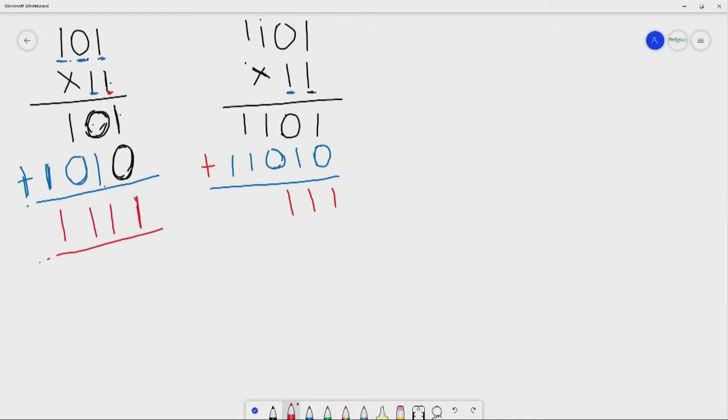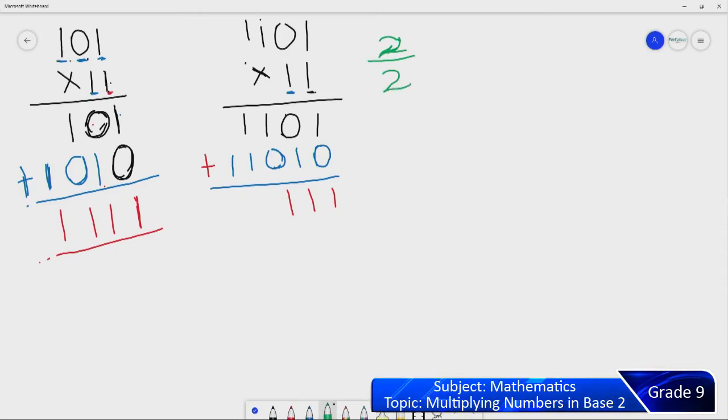What we have to do is put it outside and divide it by 2. So 2 divided by 2. And how many times could 2 go into 2? 2 could go into 2 1 time. Is there any remaining? Nope, we have nothing remaining. So we write the remainder inside.